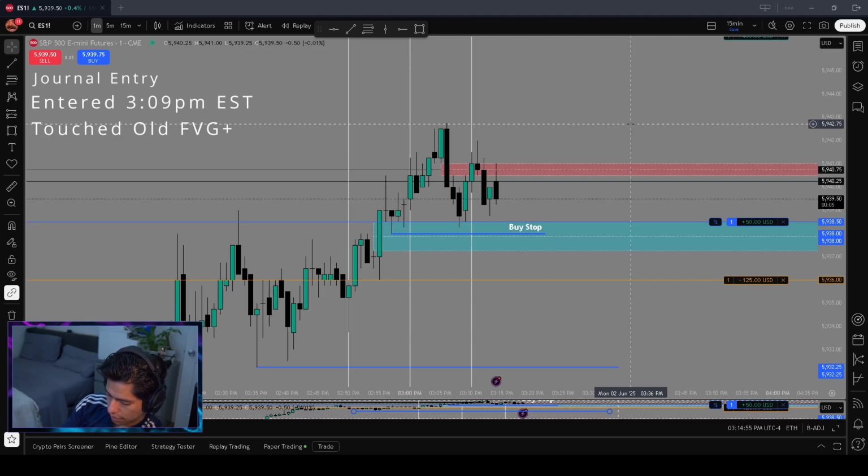And it created, I'm going to say, a minus fair value gap, so a red one. And price, bodies, and wicks are staying below it.